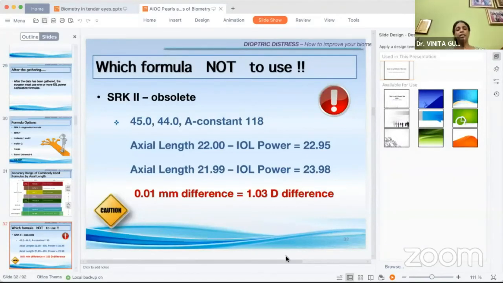I will give an example for that. There are certain axial lengths at which even a 0.01 millimeter difference causes a change in the IOL power of more than 1 diopter. An example of this is an axial length of 22, where you will get an IOL power of 22.95 using this formula, and with an axial length of 21.99, you will get an IOL power of 23.98.